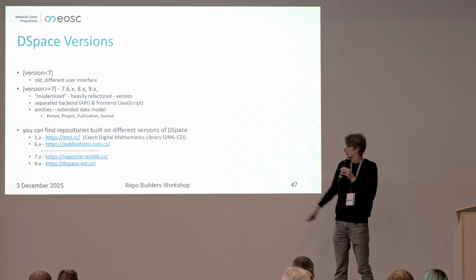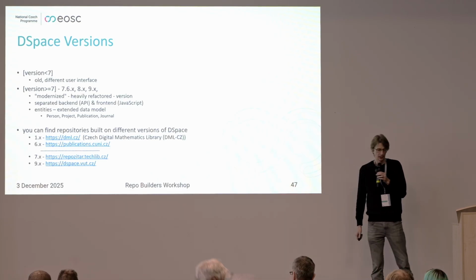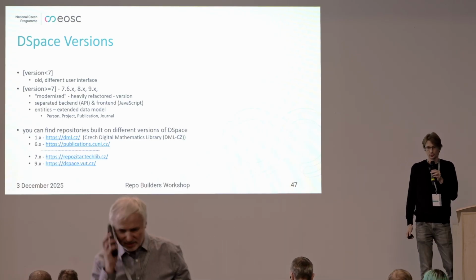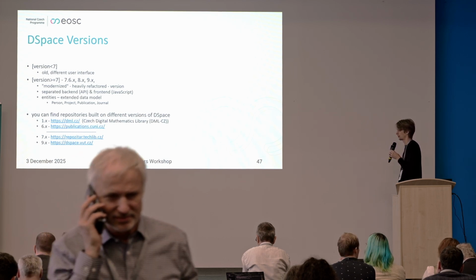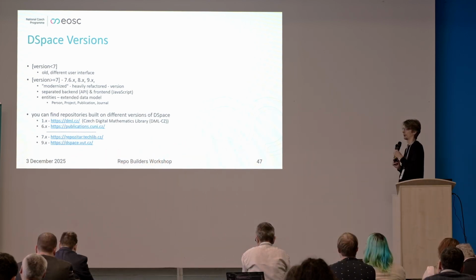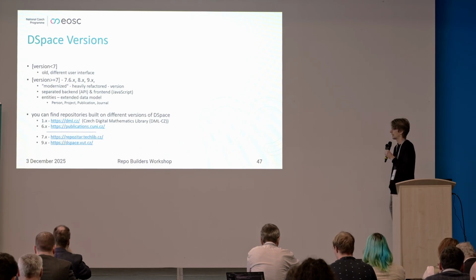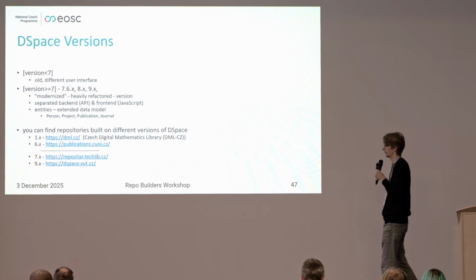You can have a look at repository.techlib.cz, which is the institutional repository of the National Library of Technology, and they have their documents, but they are using some more modern features that were introduced in version 7.